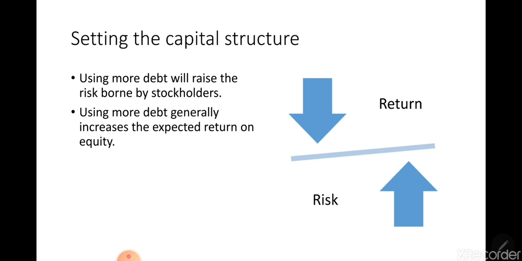So there is one positive aspect of using loan and one negative aspect of using loan, and businesses need to strike a balance between these two impacts and try to maximize the stock price. In order to understand this trade-off, we are going to look at an example.